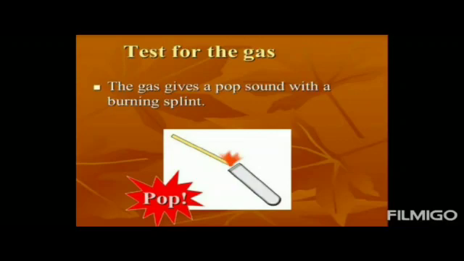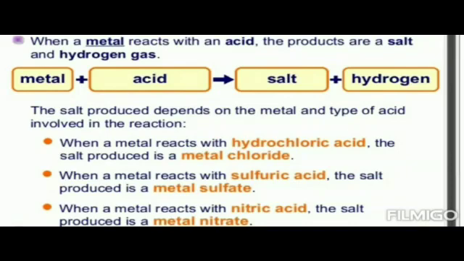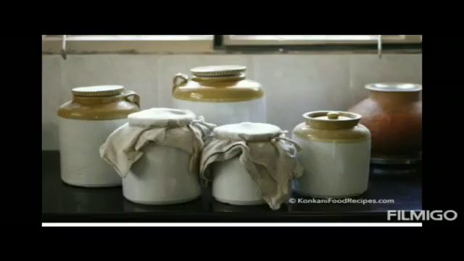So, metal reacts with acid to produce hydrogen gas. Metal plus acid gives salt plus hydrogen gas. Henry Cavendish, an English scientist, discovered hydrogen. Students, why are pickles not stored in metal containers?